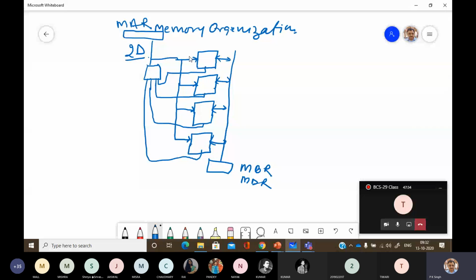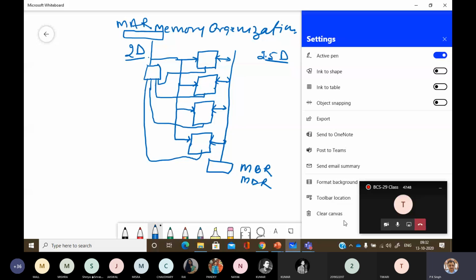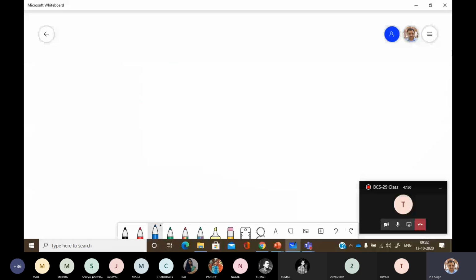Now in 2.5D organization, what we do: suppose we have to facilitate byte addressing and word addressing. See some cases.